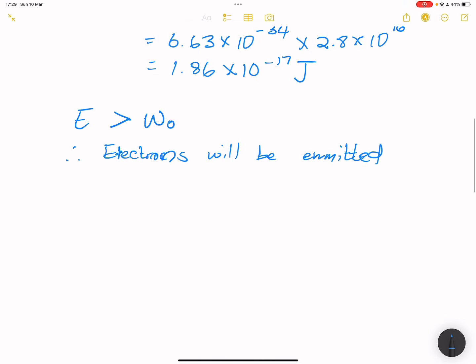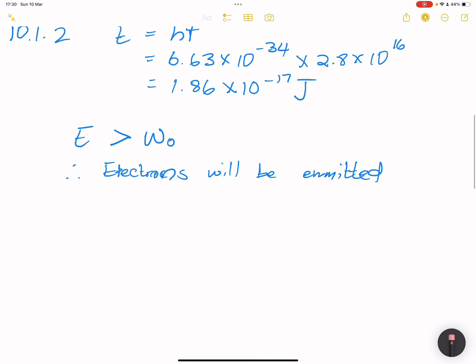So you could have also calculated the threshold frequency by simply saying hf0. You've got the work function, you've got Planck's constant, and you can find out what that threshold frequency is, and you'll see that the frequency of ultraviolet light is greater than the threshold frequency, and you can make the same conclusion.